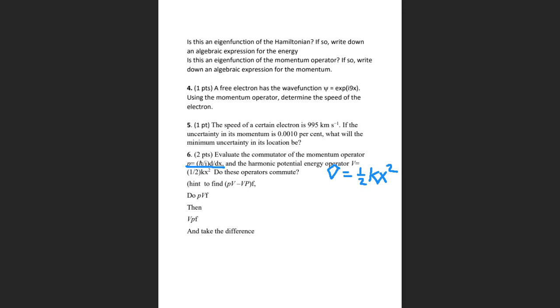And then I would just follow the hint. First, let V operate on some function F, and then P. And then let P operate on F, followed by V. And take the difference of the results of the two things.